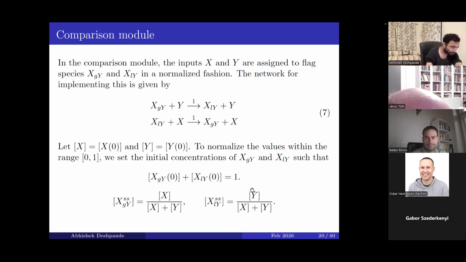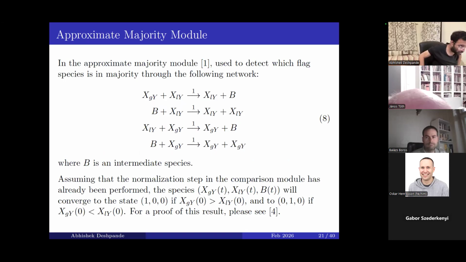Now what we are going to do is crucially use this in conjunction with another slightly complicated module, the approximate majority module, to compare two things and do something that the SVM wants to do. Let me explain how. Here is a slightly more complicated module.